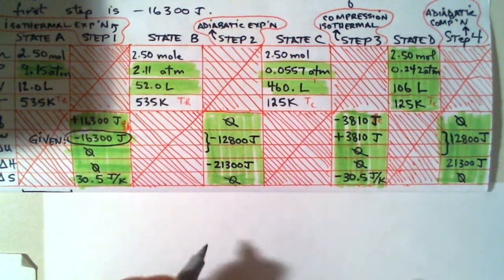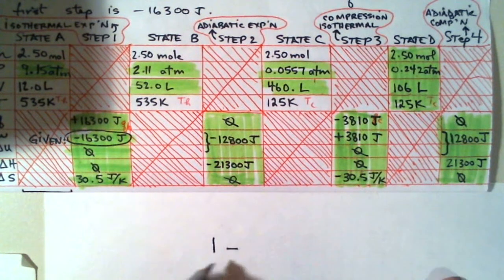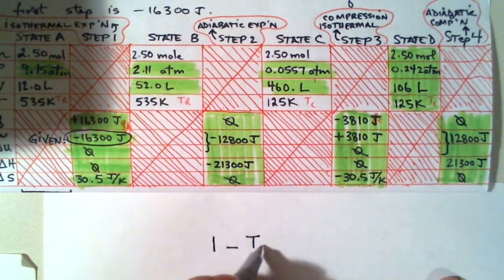The efficiency is 1 minus the ratio of T cold over T hot.